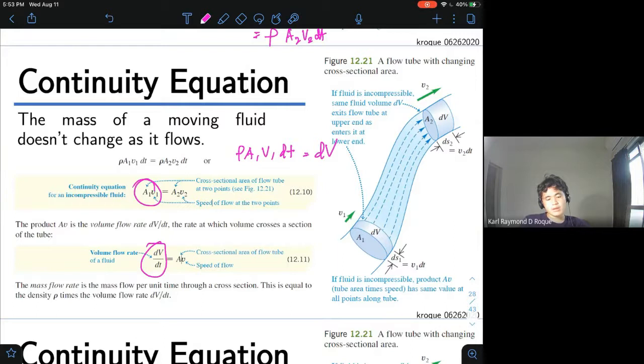Ngayon, kung gusto nyo ng mass flow rate, ito gagawin natin. Okay? Yan.